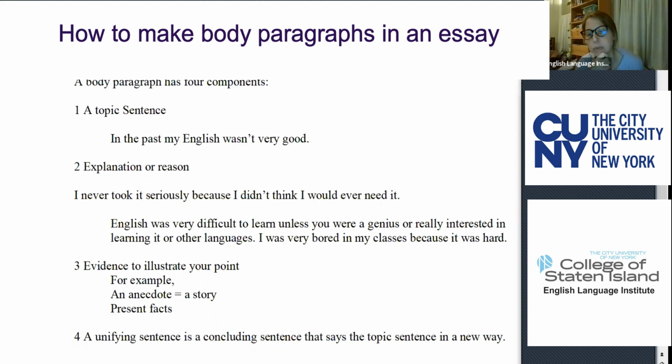It sort of repeats the topic sentence in a new way, right? So now that you've added your example, you then can say the topic sentence in a different way. So it restates the topic sentence in a new way or a different way, right?